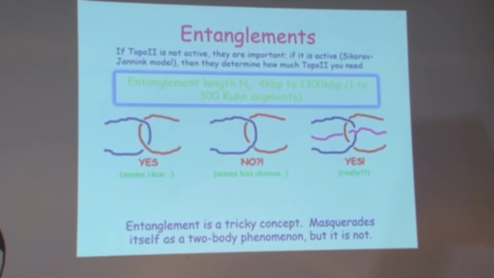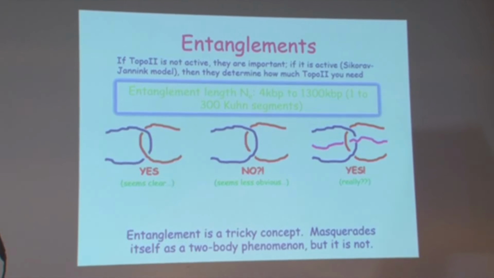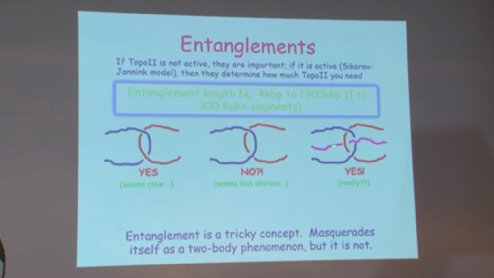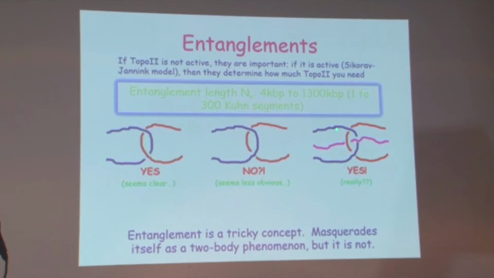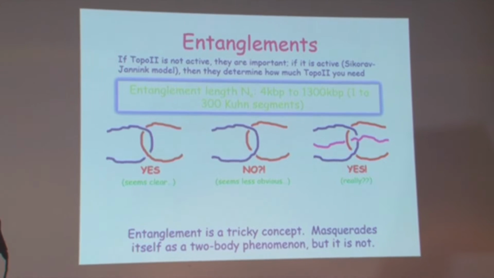So what I really want to say is that entanglement is not quite like this, as my pictures show, because clearly this seems to be an entanglement. This doesn't seem to be an entanglement, but if you imagine that there is another piece over there, then there is already entanglement between these brown and blue loops.